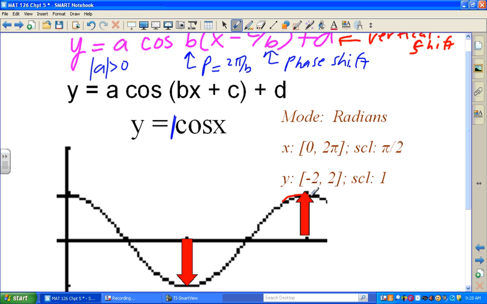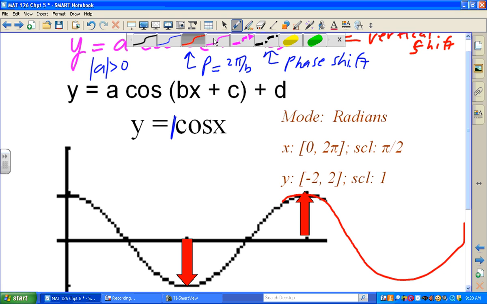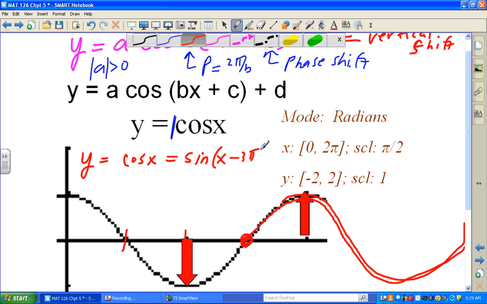If you continue this on, doesn't starting right here look like a sine curve if you start right there and go? That means y equals cosine of x is the same thing as a sine of x minus, this is pi over 2, pi, 3 pi over 2. You'll get the same curve.